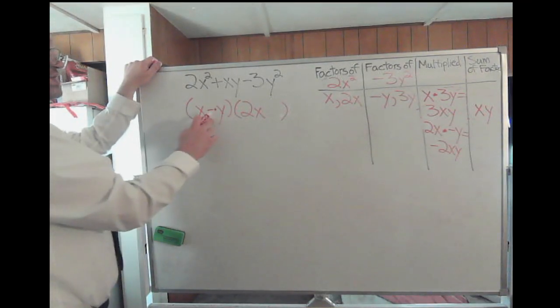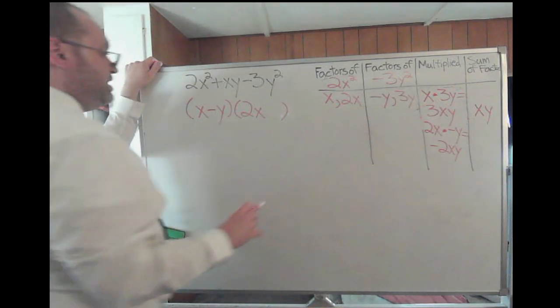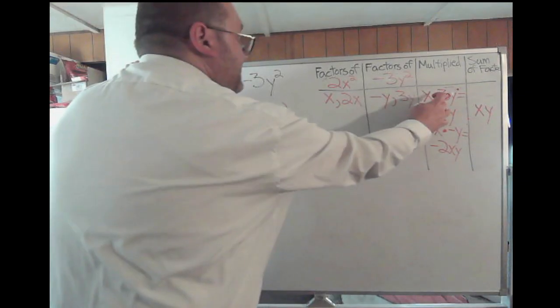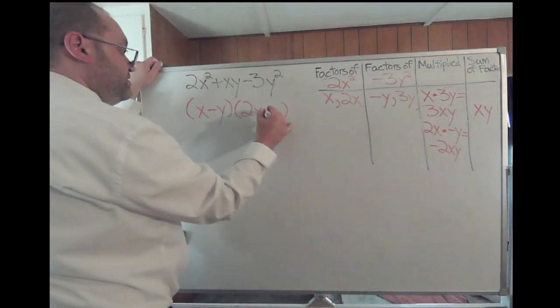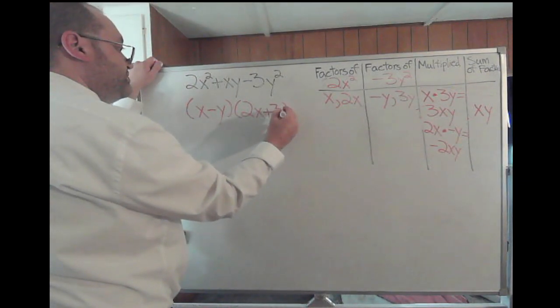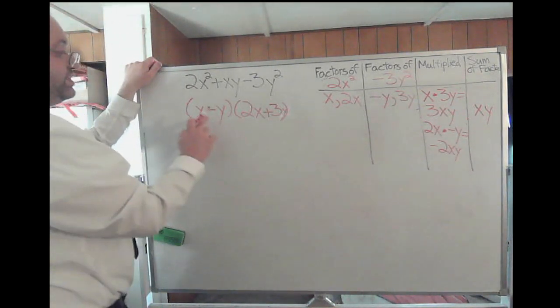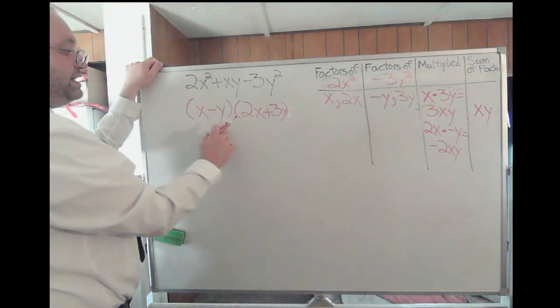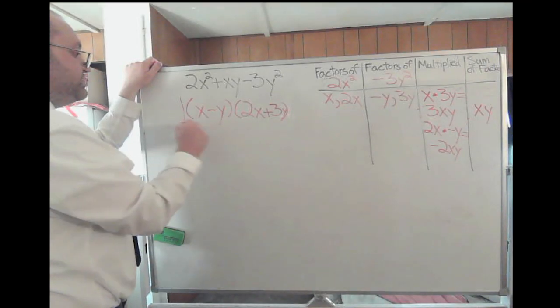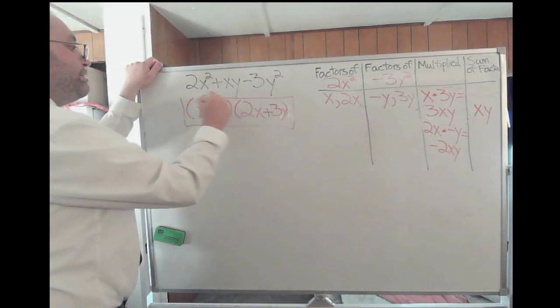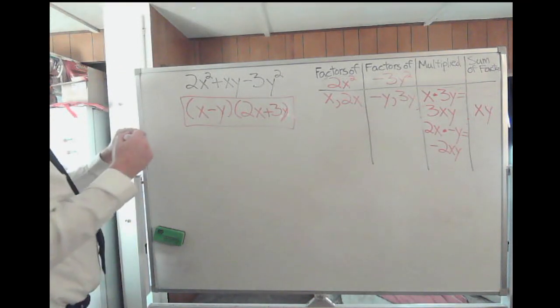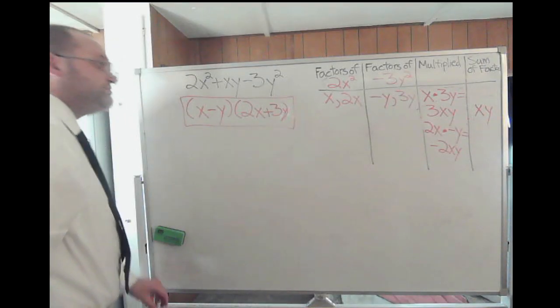You'll get x minus y. And then I multiply the x times 3y, which means you'll put the 3y in your second set of parentheses. So you'll get the quantity of x minus y times the quantity of 2x plus 3y. That would be the answer you get for this.